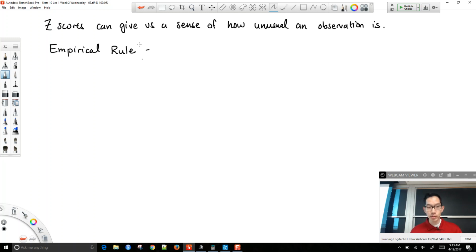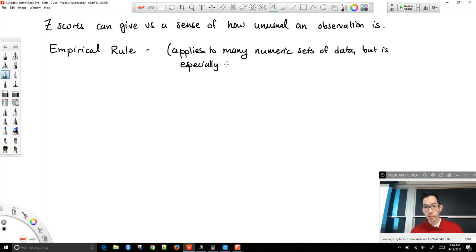Okay, so the empirical rule applies to many numeric sets of data, but is especially true for unimodal and symmetric data.